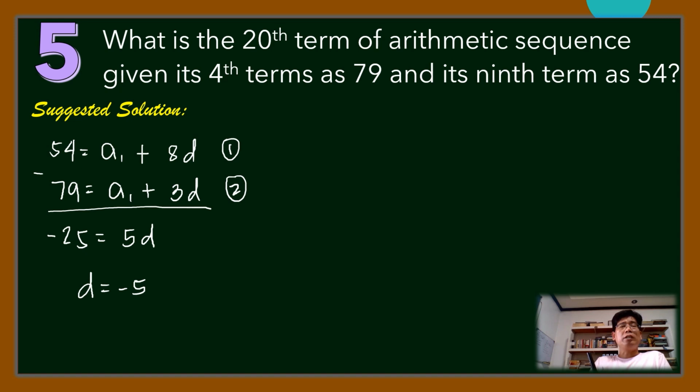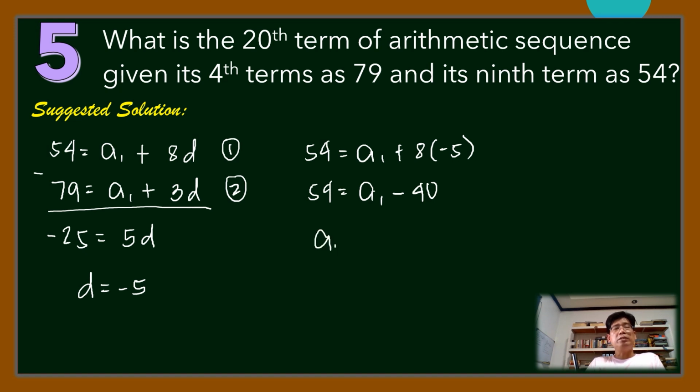Let us solve for a sub 1 using equation 1. We have 54 equals a sub 1 plus 8 times negative 5. Then we have 54 equals a sub 1 minus 40. Adding 40 to both sides, we have a sub 1 equals 94.